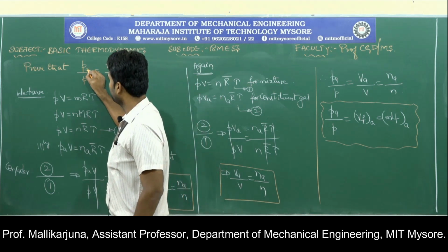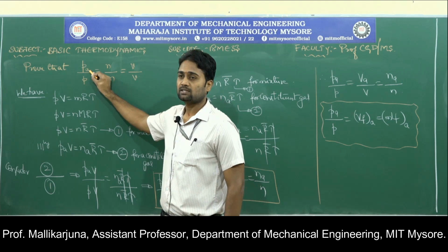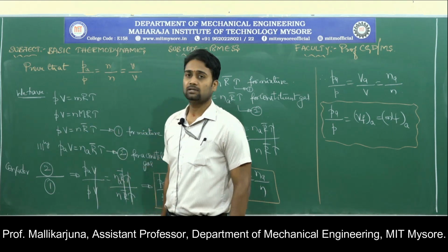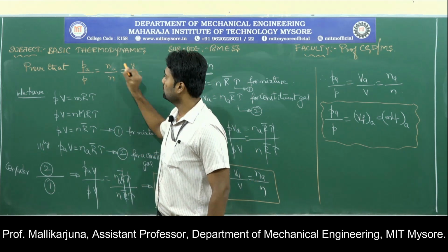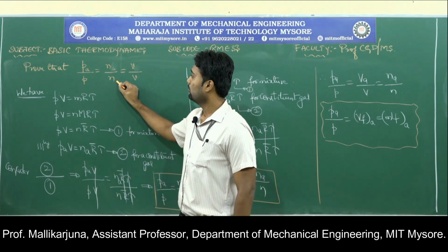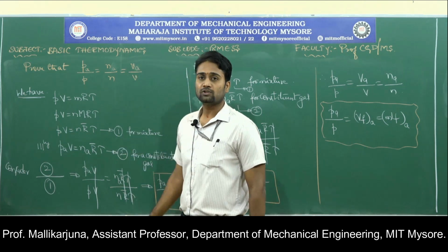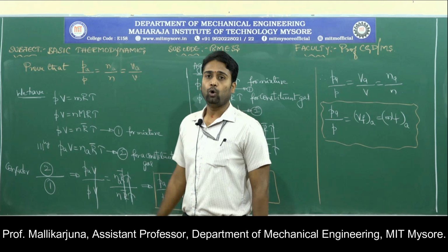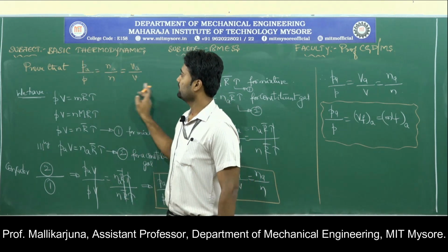I will take P_A by P, wherein the numerator is the partial pressure of constituent gas A and the denominator is the pressure of the mixture. Here also, the number of moles of A divided by the overall number of moles of the mixture. Here also, the volume of constituent gas A divided by the volume of the overall mixture V. So I need to prove this.